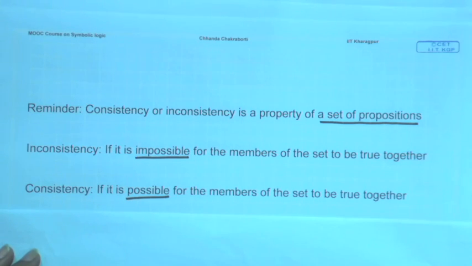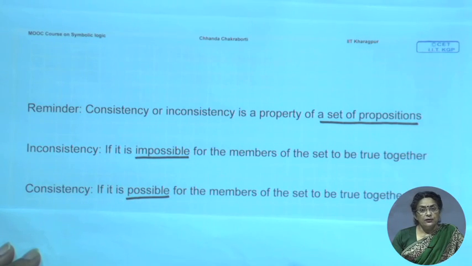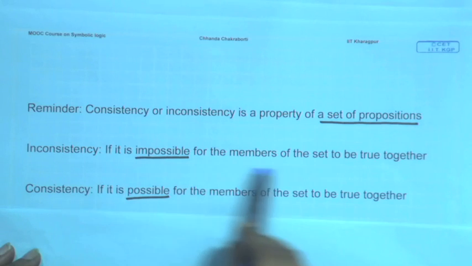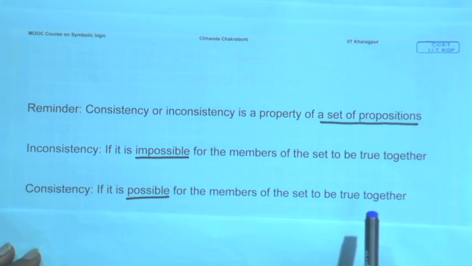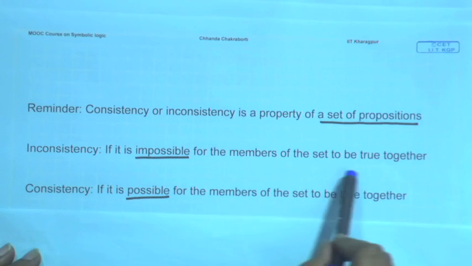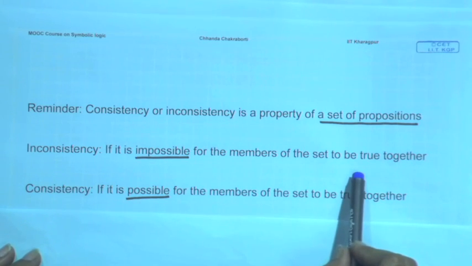So, I will again remind you, as I have said again and again, that whenever we are doing the tree, as you are listing a proposition in the tree, whether in the root or in a branch, you are claiming or assuming it to be true. So, given that, if the set is inconsistent, there cannot be even a single branch where all the members of the set are true.